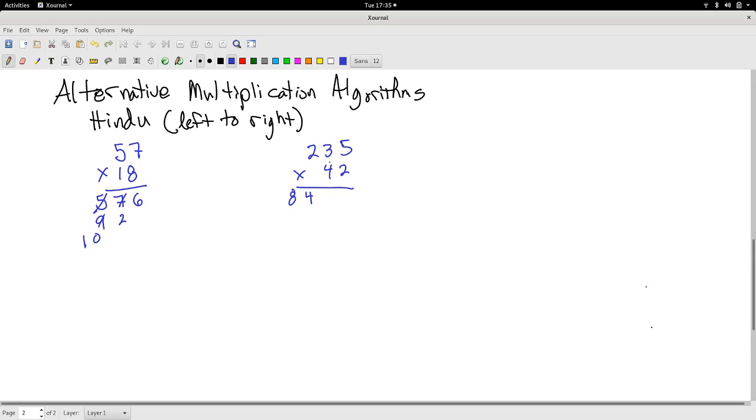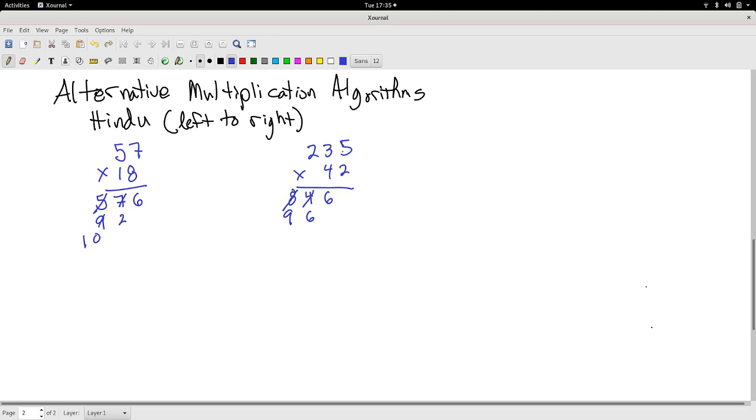So 30 times 40, well, 3 times 4 is 12, 2 zeros is 100, so that's going to be 1,200, and that's going to bump both of these. So the 1,200, the 200 bumps the 400 to a 600, and the 1,000 bumps the 8 to a 9,000. And then 30 times 2 would be 60, and so the 60 just goes into its column.